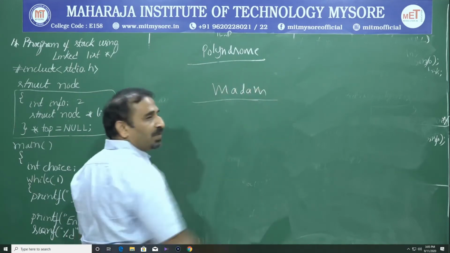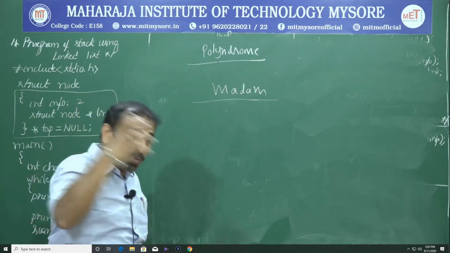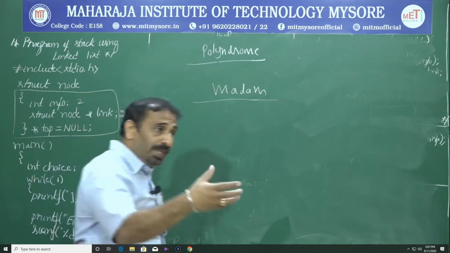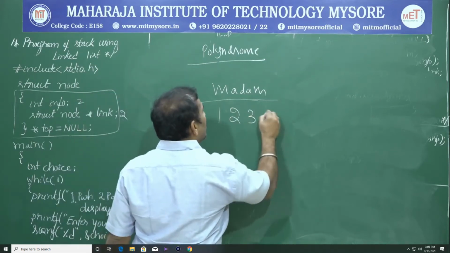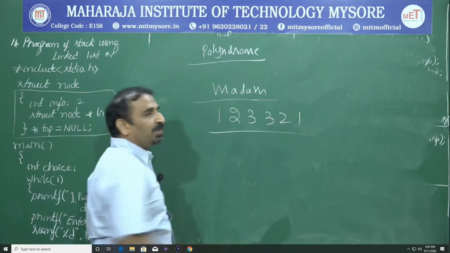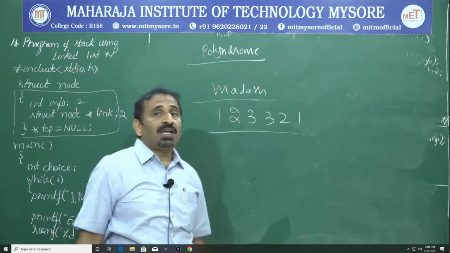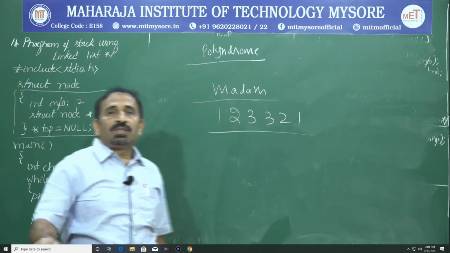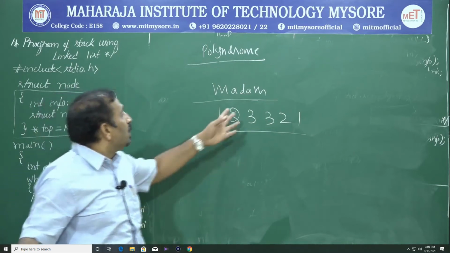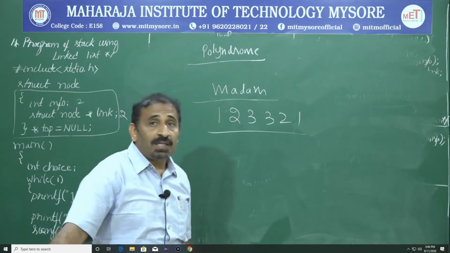Either you read from this way or this way, it looks the same. If the input is a number, say 1, 2, 3, 3, 2, 1, it is basically a palindrome number. Whether the number or the text given to you is a palindrome or not can be checked by using the stack.